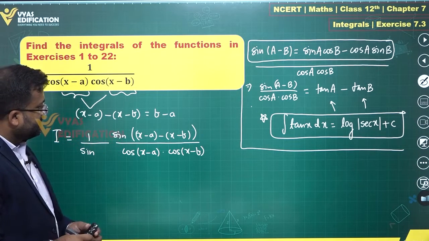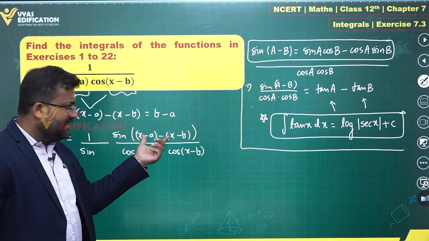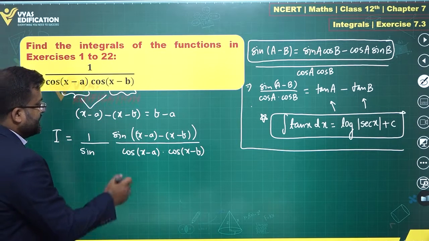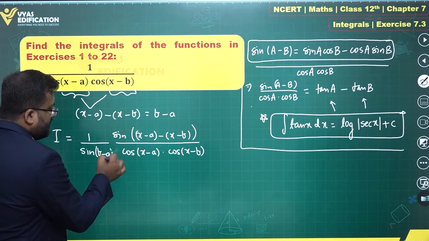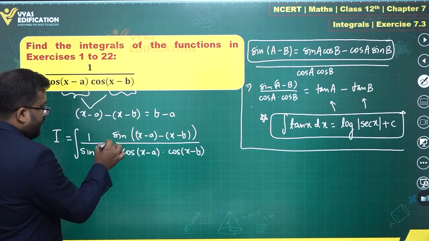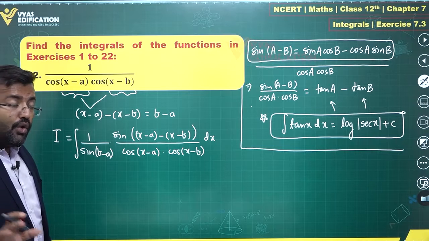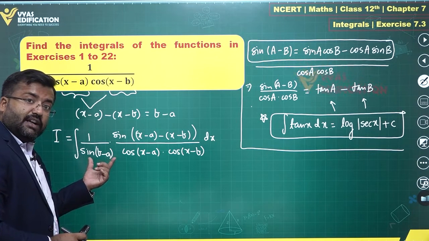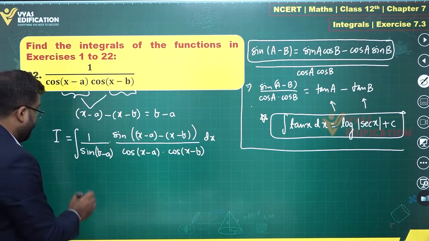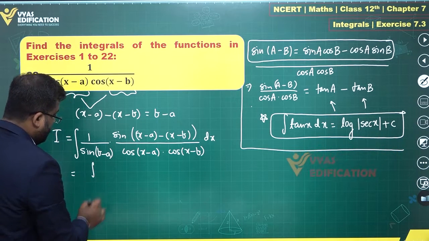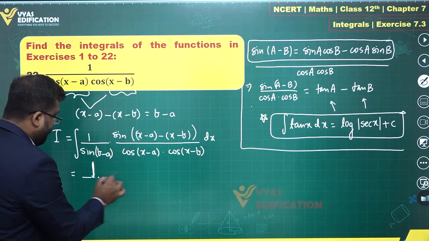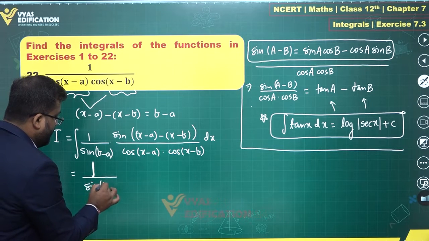What is that difference? Oh, now you want to simplify this? Yes, I want to simplify this. This is actually b minus a, which is a constant, right? Integral of this whole thing with respect to x is what I am looking forward to. But this is a constant, right? It will come out of the integral. So this is 1 upon sine of b minus a.